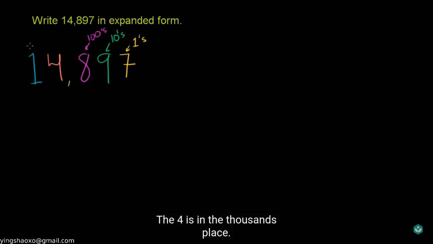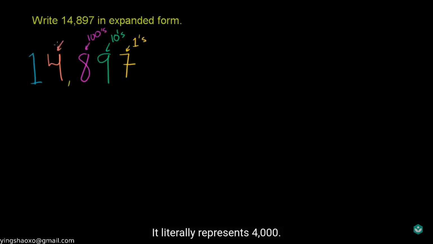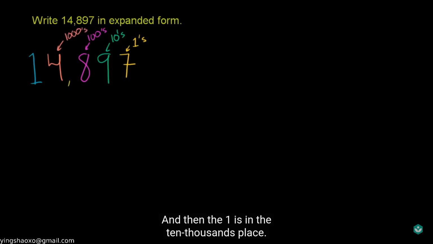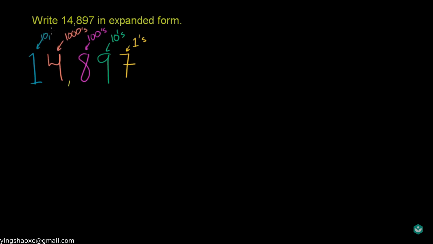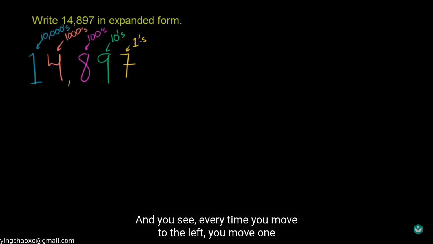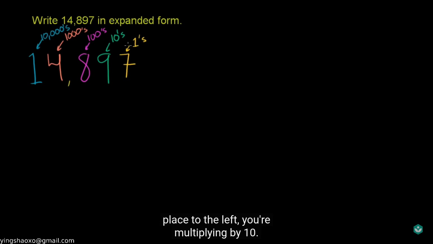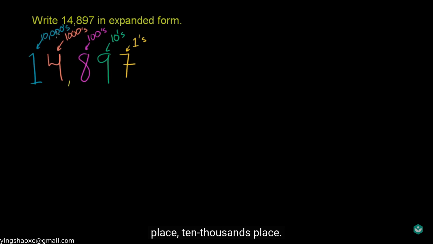The 4 is in the thousands place. It literally represents 4,000. And then the 1 is in the 10,000s place. And you see, every time you move one place to the left, you're multiplying by 10. Ones place, tens place, hundreds place, thousands place, 10,000s place.